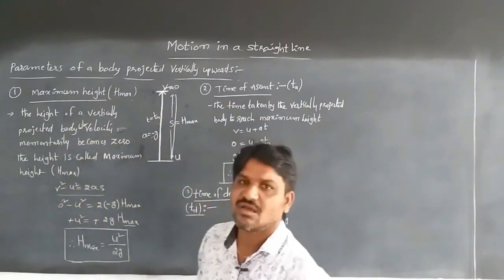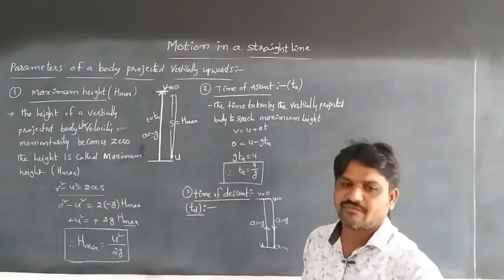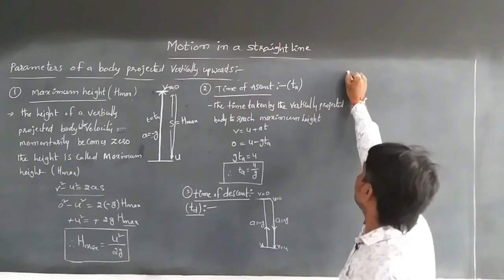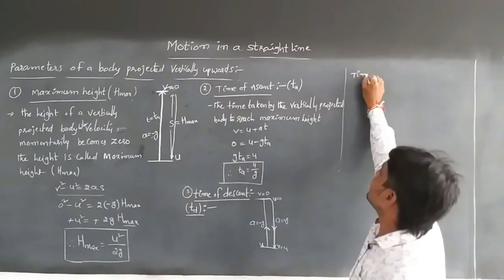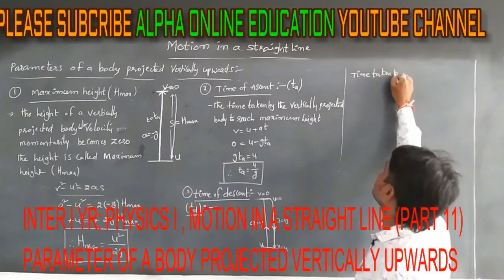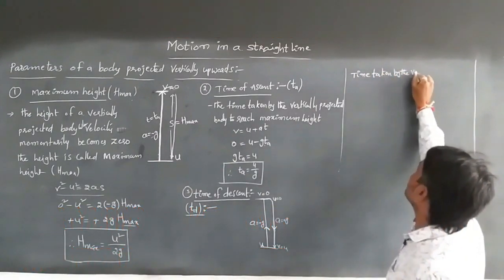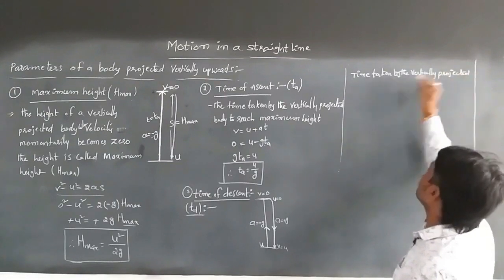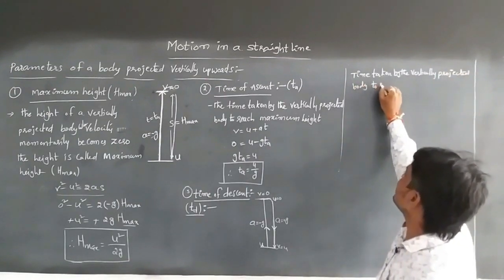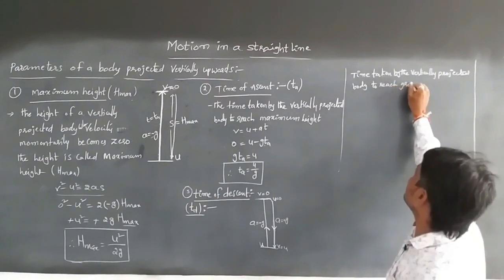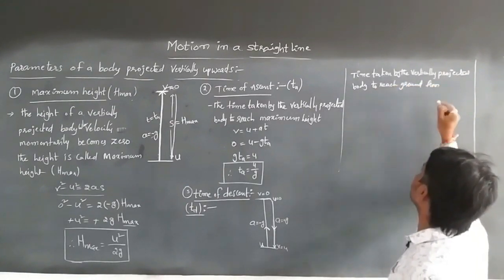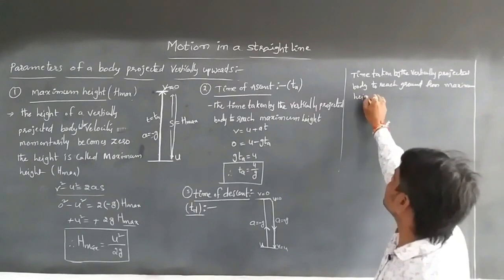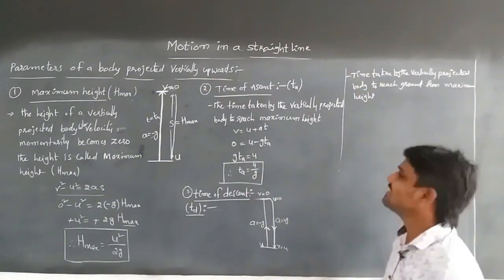The time taken by the vertically projected body to reach the ground from maximum height is called the time of descent.